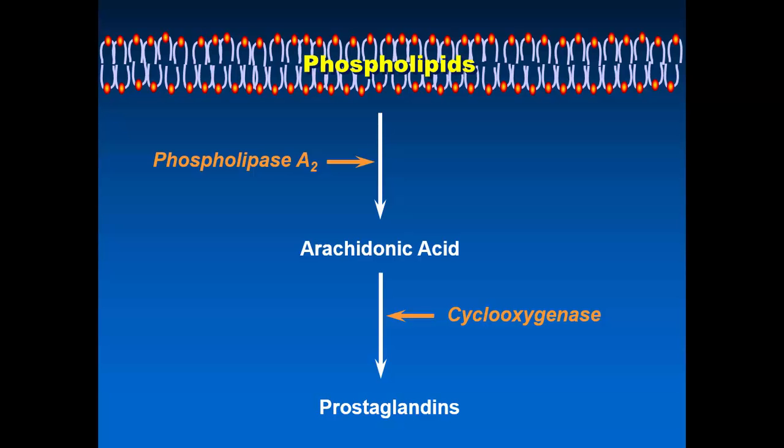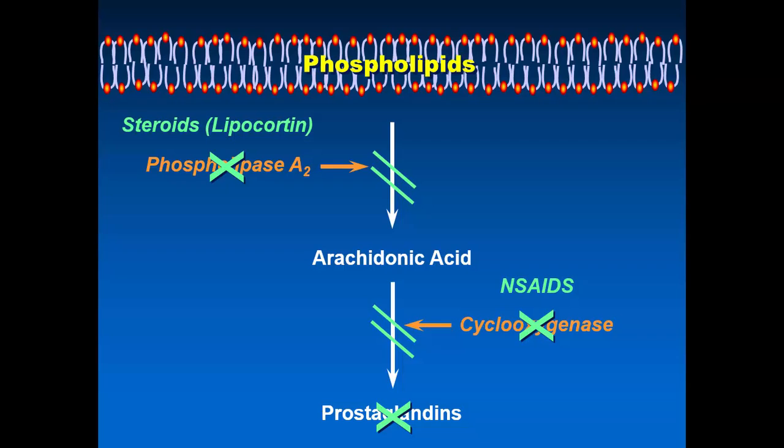Just from a basic standpoint, remember that the cell walls contain phospholipids. These phospholipids are broken down via phospholipase A2 to arachidonic acid. Arachidonic acid is broken down via cyclooxygenase to prostaglandins, which participate in or begin that inflammatory process and increase the likelihood that the axon will fire, that the nociceptor will fire and begin the pain signal.